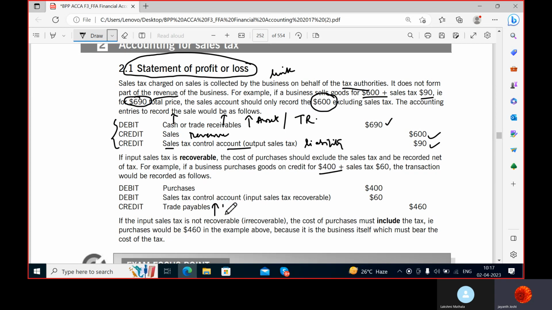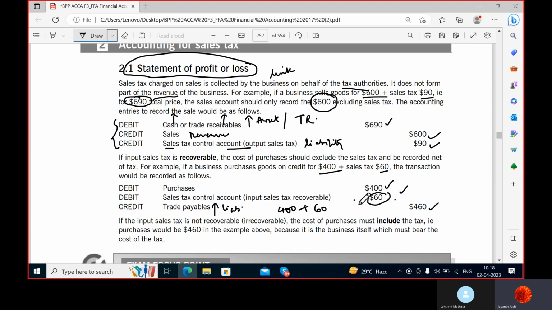So there is an increase in liability, so we credit payables by how much? 400 is the cost of purchase, and we have made a payment of $60 to the supplier. So 460 is the total payment made to the payables. Among this, purchase is how much? Purchase is $400 only, and the difference amount, that is the tax amount, will go to the sales tax control account. So debit sales tax control account, which is $60.